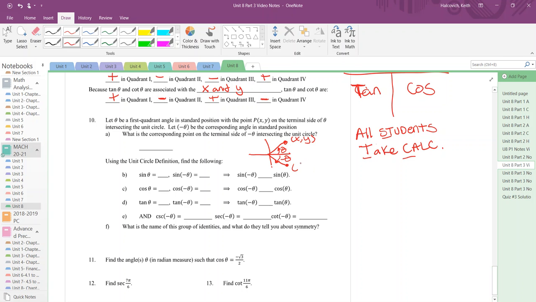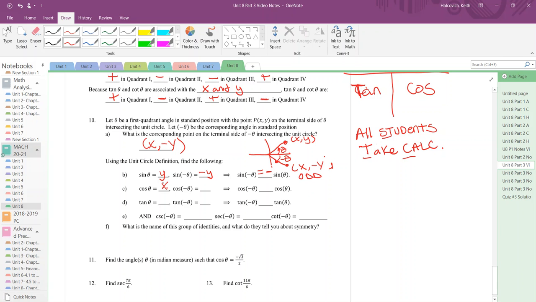So if we look at the sine of theta is equal to y, the sine of negative theta equals negative y, right, in the unit circle definition, because the corresponding point would be x and negative y. So that means sine of negative theta is equal to the opposite of sine theta, which means it's an odd function, which means it's symmetric to the origin.